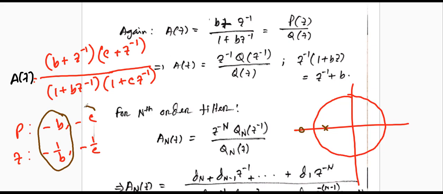For C, with minus C and minus 1 by C, let's say this is the value of minus C; with the proper scaling, we can find that the zero location is here. So that makes a pair.